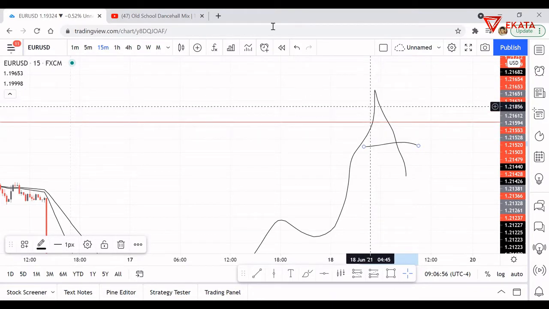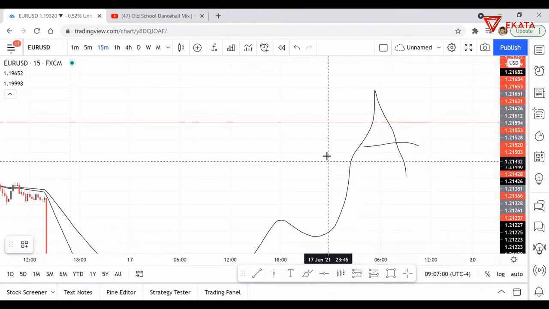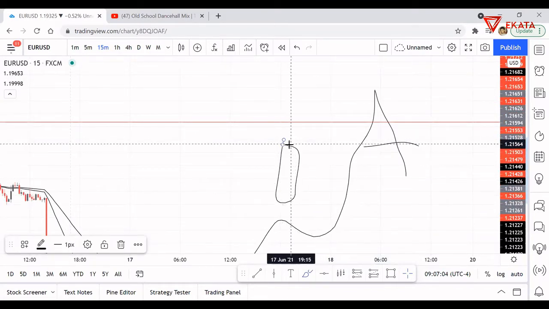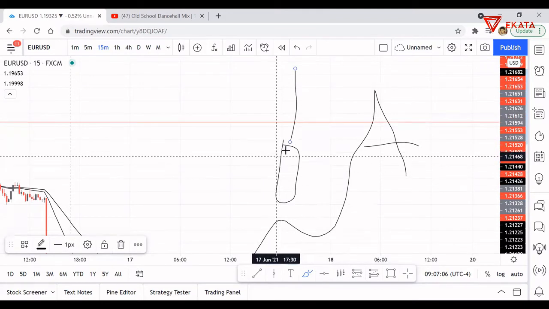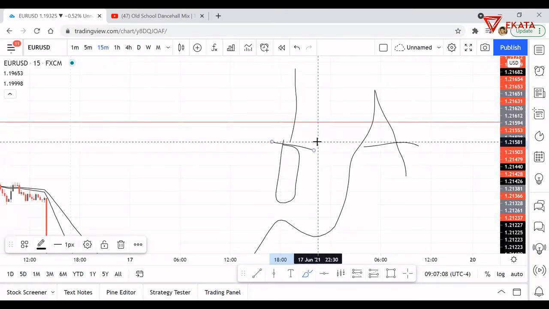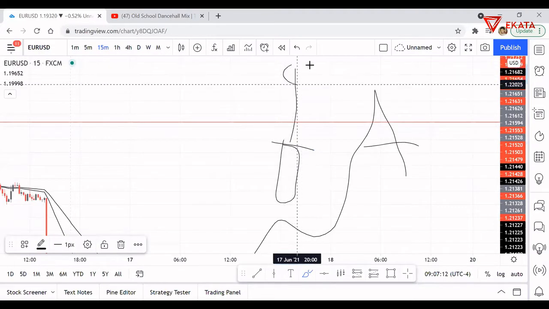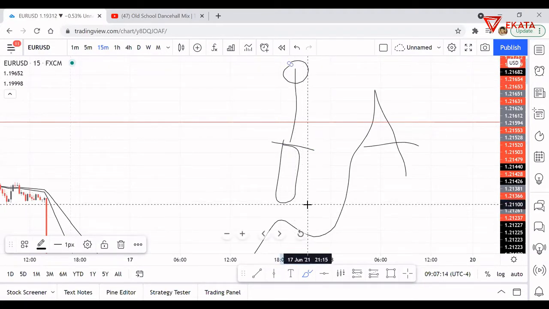As you know, the wick of a candle would oftentimes look like this. The candle will be a big box, and then the wick would be up here. If you enter on the close of the candle, which is where you should enter based on rejection, how are you going to enter at the peak of the wick?